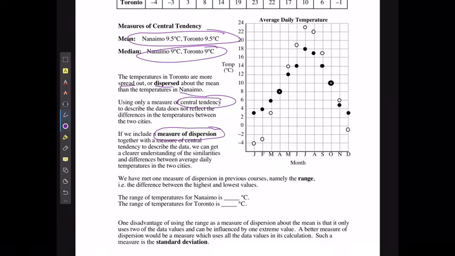We have met one measure of dispersion in previous courses that we call range. What is the lowest to the highest, or how spread out are the values that show up for y?